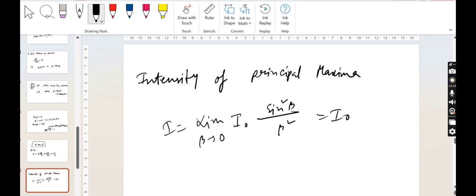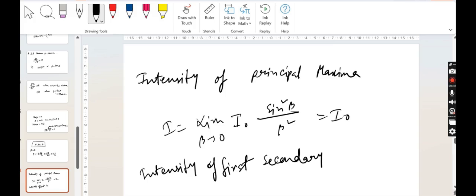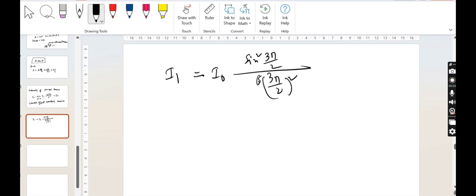For the first secondary maximum, let's say it's I1, equal to I naught sine square 3 pi by 2 by 3 pi by 2, whole square. And that would be 4 by 9 pi square I naught.